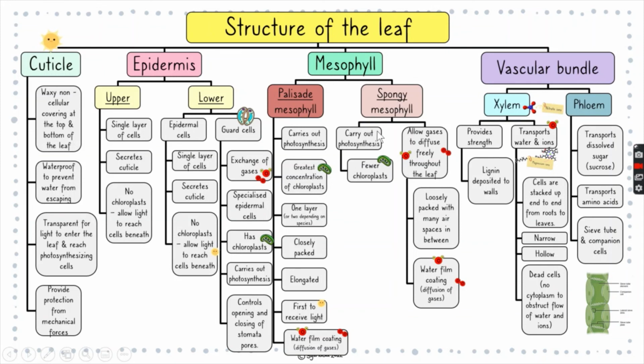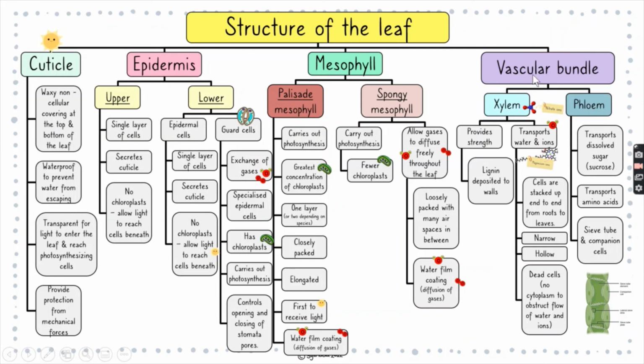The spongy mesophyll cells carry out photosynthesis, but they do have fewer chloroplasts in comparison to the palisade, and they allow gases to diffuse freely throughout the leaf. They are loosely packed with many air spaces in between, and they also have a water film so that gases can diffuse in and out.